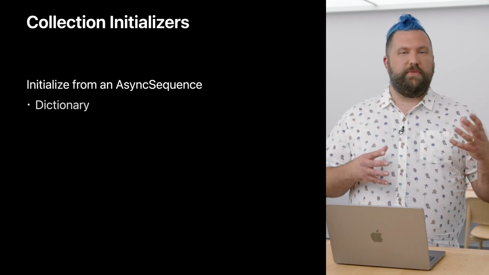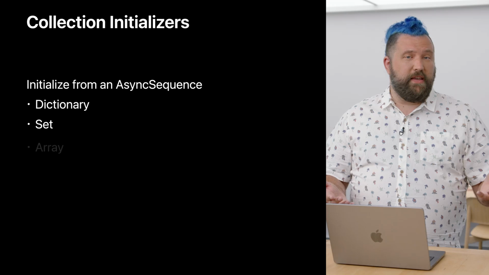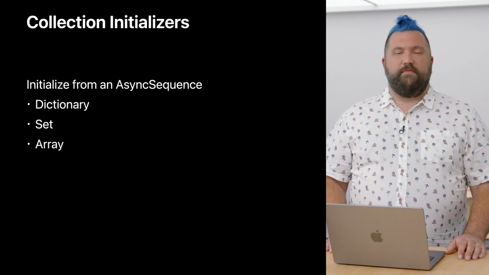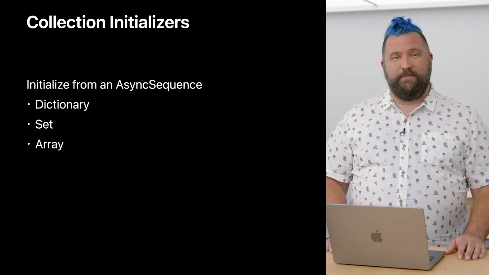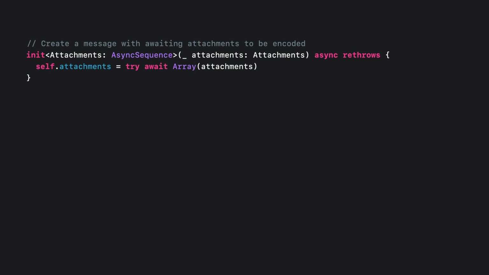These let you build up dictionaries, sets, or arrays with input async sequences that are known to be finite. The collection initializers let us build in conversions right into our initialization of messages and keep our data types as array. This was really useful since we had numerous features that really could use some updating to use Swift concurrency. And by keeping our existing data structures, we can migrate parts of our app incrementally and where it makes sense.